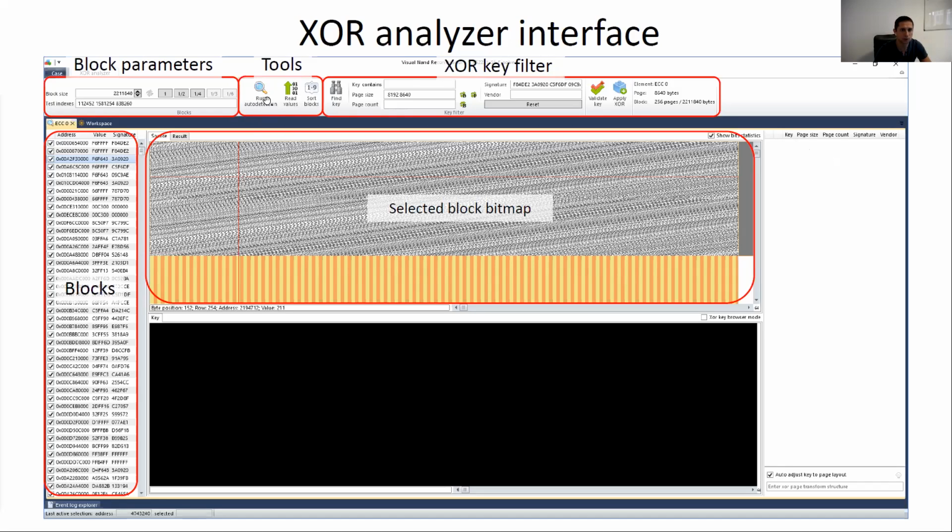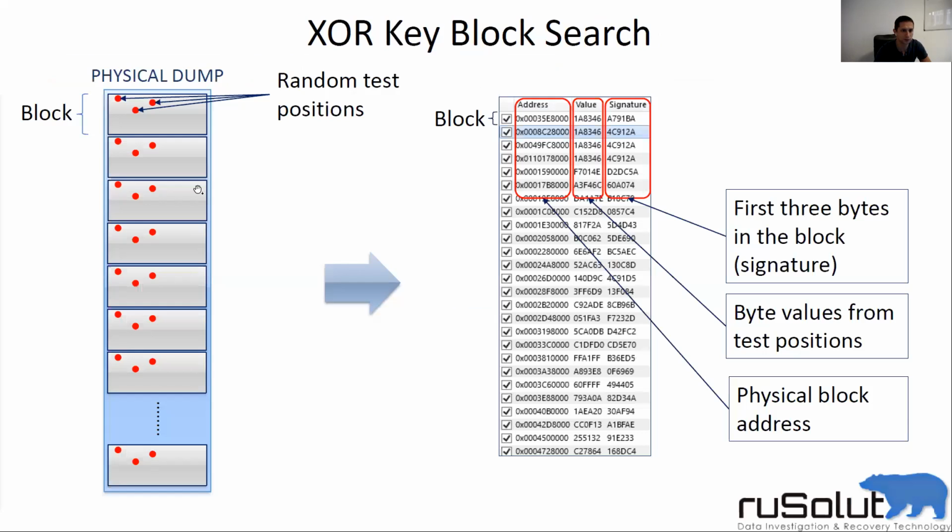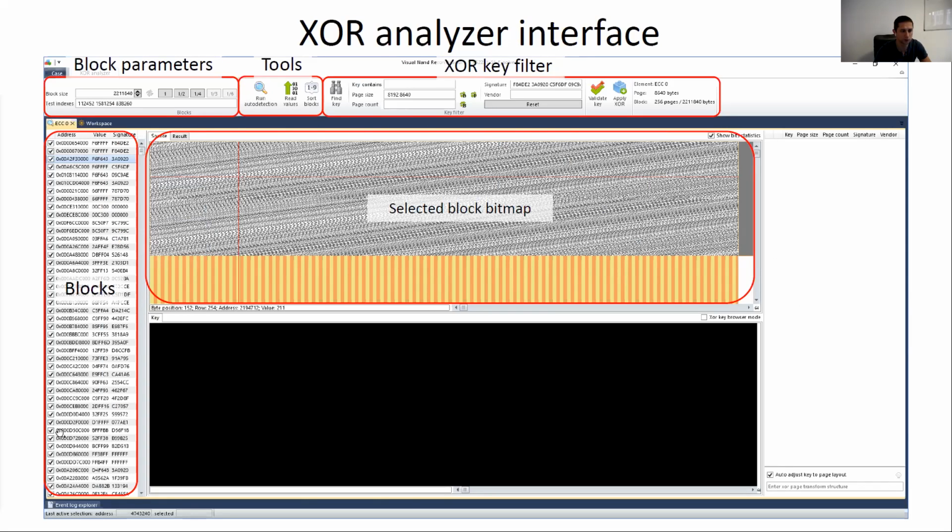So it's a more or less automatic tool. Read values option will just read those bytes, these ones from each block, and show them here. And sort blocks, with this option you can sort blocks in different manners. You can sort them by value, by signature, by address. Several options are there.